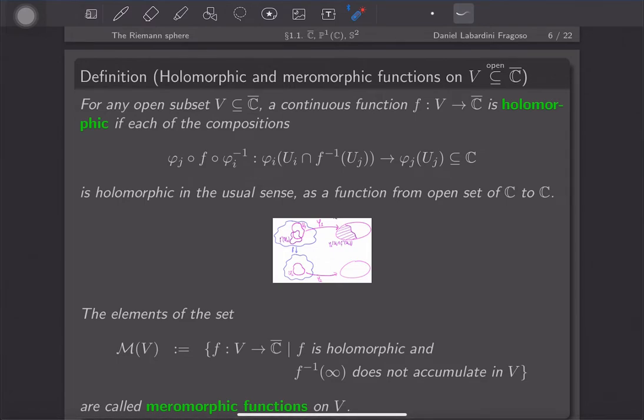So you declare a function from an open subset of C bar to be holomorphic if every time you take one of these special open subsets and split it into the part that goes with each of the two special open subsets, the corresponding compositions are holomorphic. If they are, then you call your function holomorphic. So somehow you check the holomorphy locally.